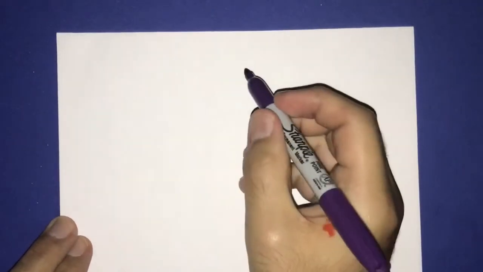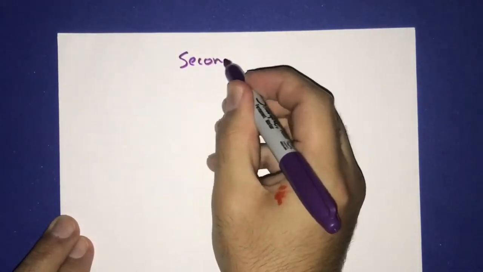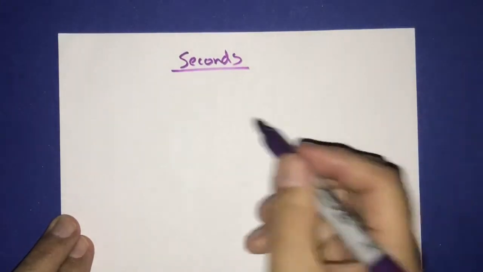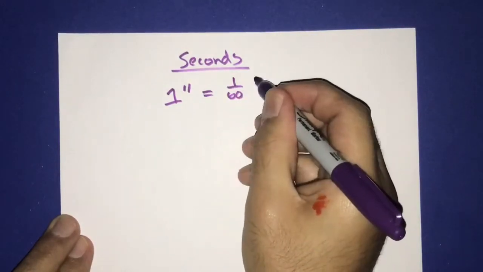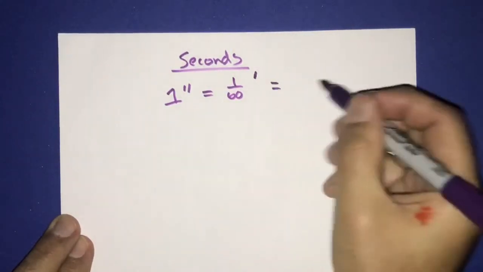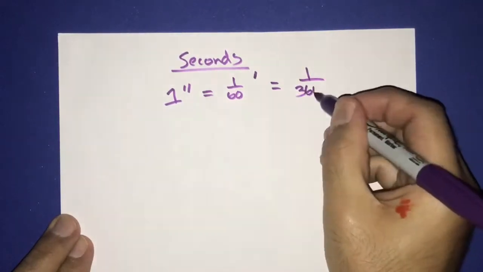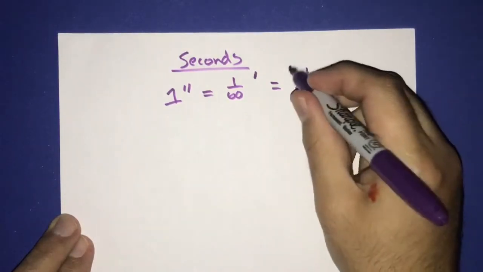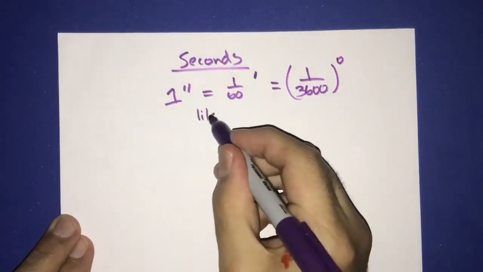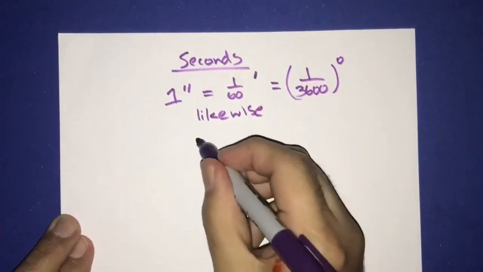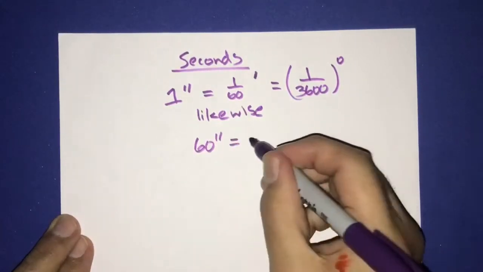A second is going to be even smaller than a minute. By definition, 1 second equals 1/60th of a minute, and this is 1 over 3600 of a degree. And likewise, 60 seconds equals 1 minute.